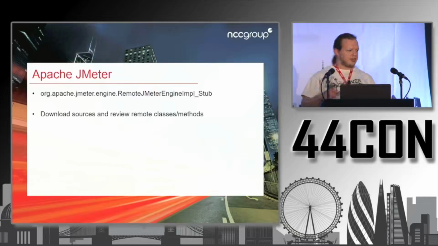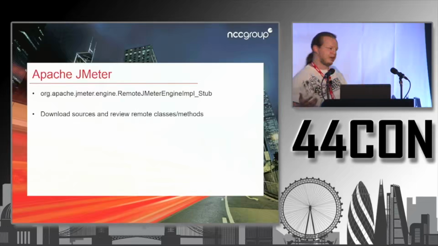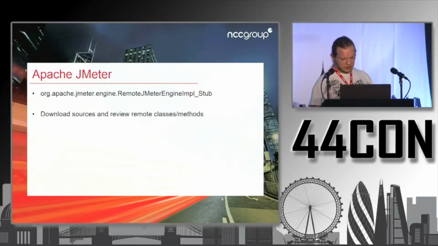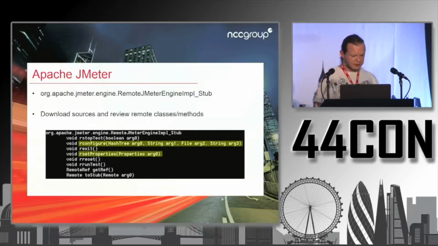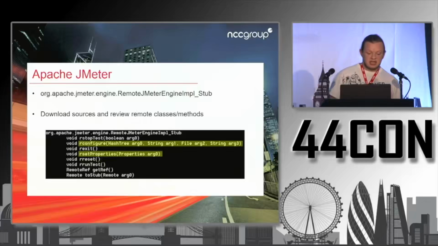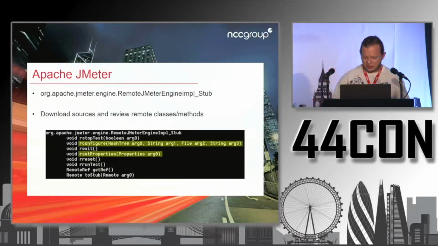So any class that implements java.rmi.Remote can be exposed over RMI, through an RMI registry. So the public methods of that class can be called remotely. So this is a list of methods that we've got, and the ones that stood out to me, it looks like anybody can configure that service or set the properties. Again, I have no idea what JMeter does, but it's another example of insecure use of RMI.